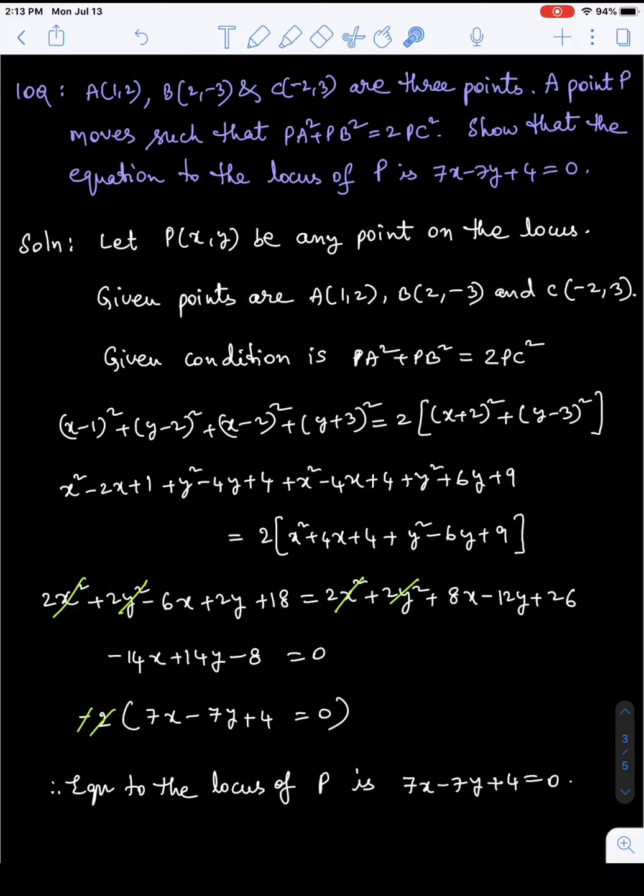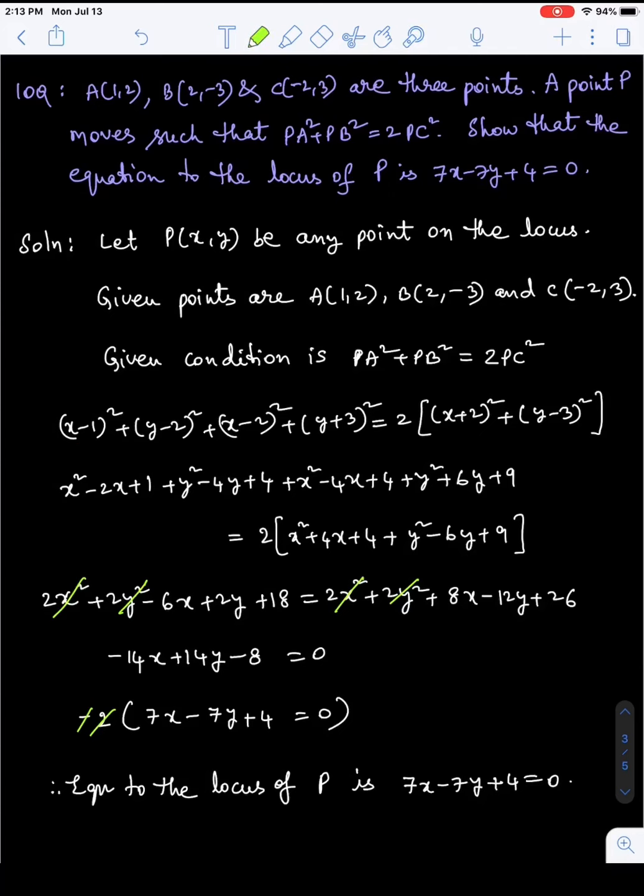So to get the equation of locus, how should we approach? We have to go to the distance between 2 points formula first and apply it here in this condition. So PA square, here P, here A, we get it. PB square, here P, here B, we get this step, is equal to, for 2 only, PC square, P and C. Apply the formula and keep the values.